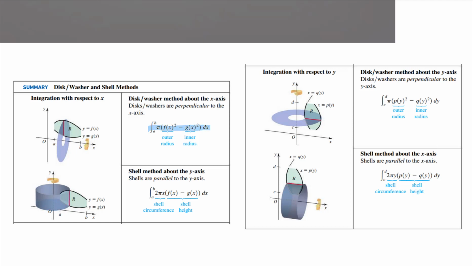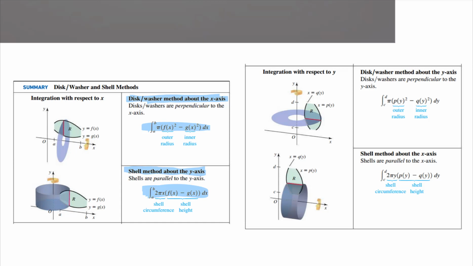When you're in terms of x's, with the disc and washer method, you're going to go about the x-axis. That means for the shell method, we must be going about the y-axis. So just keeping that in mind.